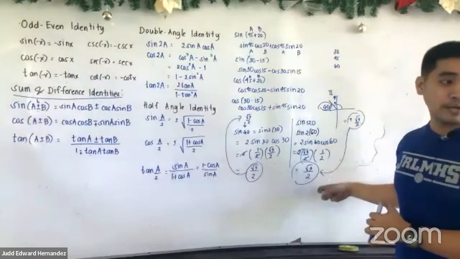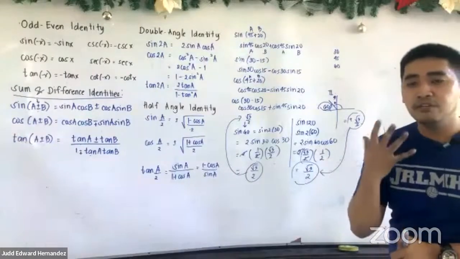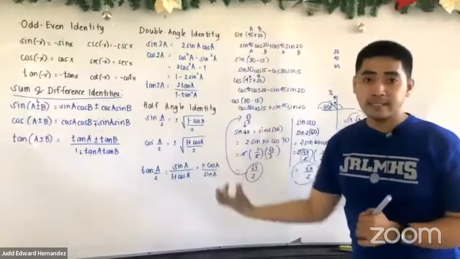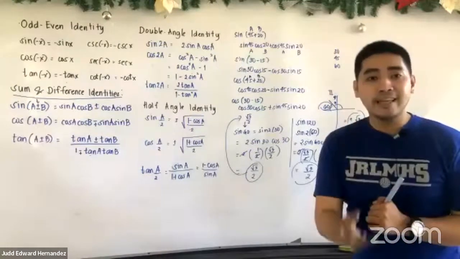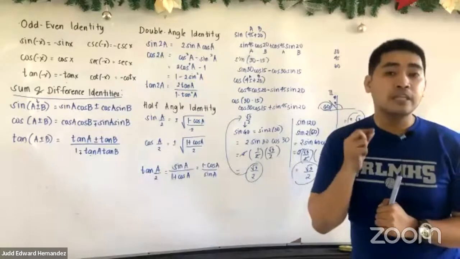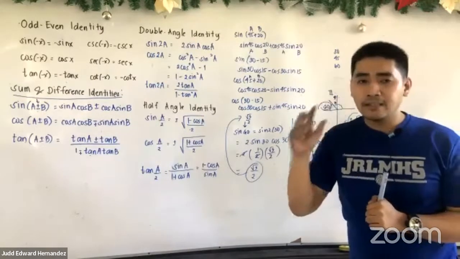Is this clear? I want you to understand that even if we go back and forth with the given, whatever identity is given to you, you will still be getting the same answer. And that is the purpose of trigonometric identities. Why? Because it is called an identity.